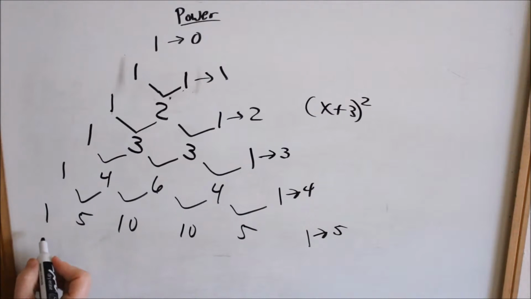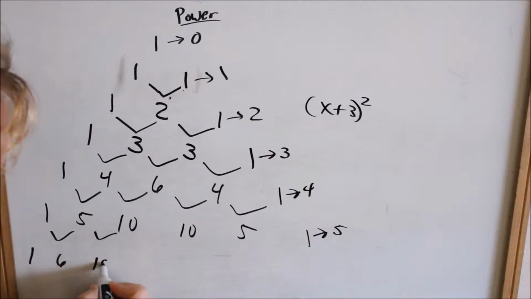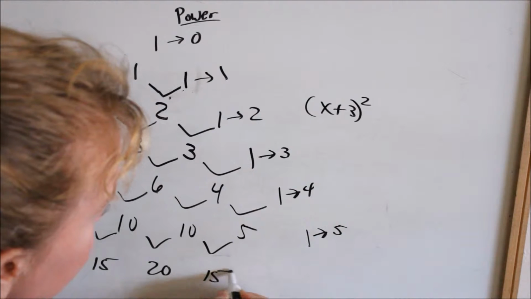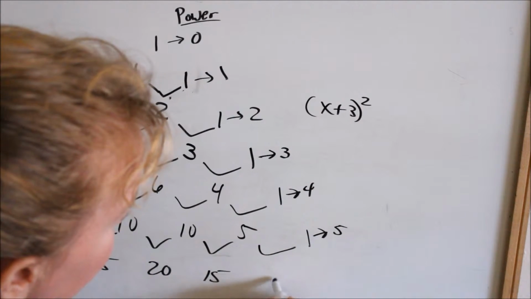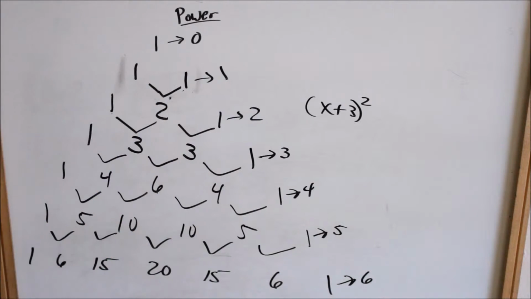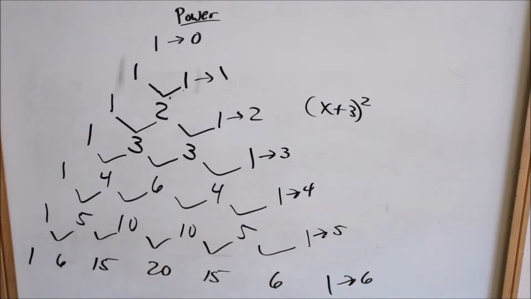I'm going to do one more because I want to do the power of 6. So start here, there'd be 1, add those, 6, 15, 20, 15, 6, and then 1. This row is power of 6. So if you start at the top, 0, 1, 2, 3, 4, 5, 6.